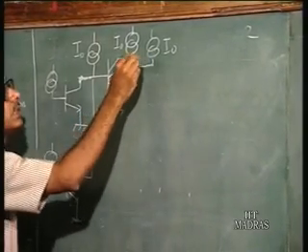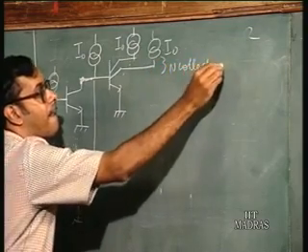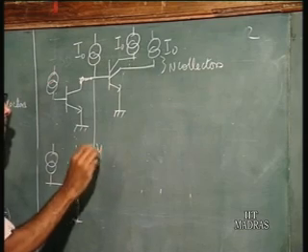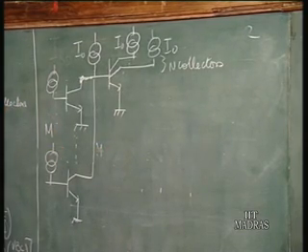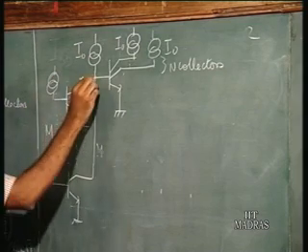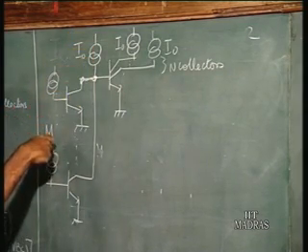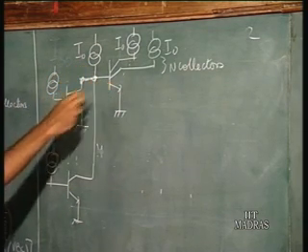So, there are n collectors, and here let there be m transistors at the base. Now, when any of these transistors goes to saturation, this current source is going to go this way: the current flows into the collector and this transistor turns off.